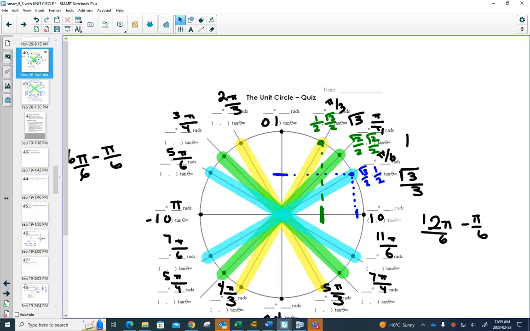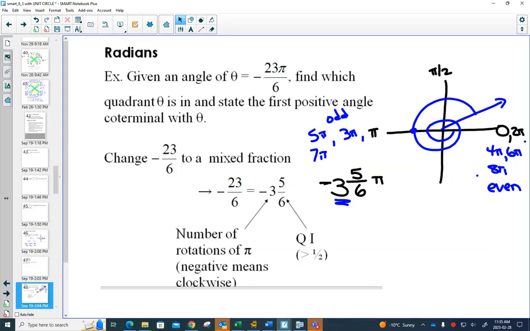And you're going to have to do a lot of mental math with your unit circle. So either you always have to have your unit circle and go back to it, or you have to think of some strategies to memorize them and say the answers quickly. So for this one, I know that sine of pi over 6 is 1/2. So if I was asked, what is sine of -23 pi over 6?